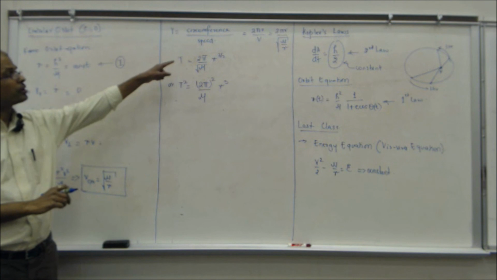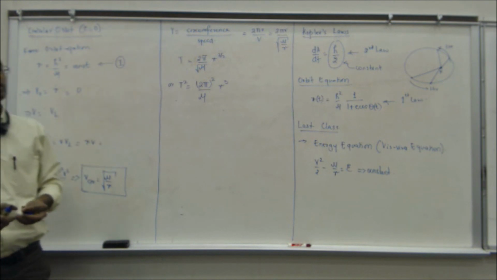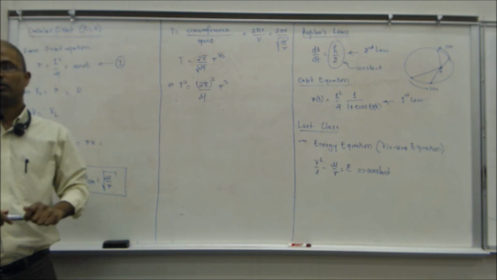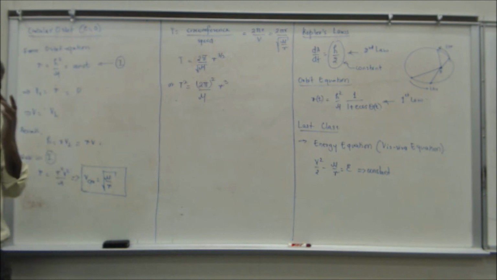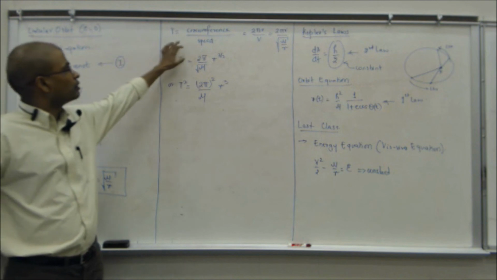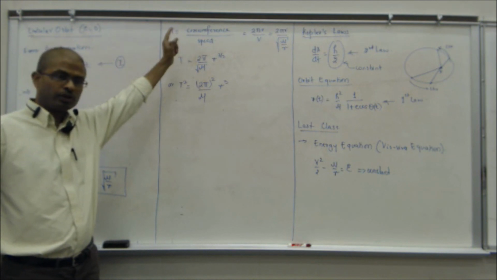Just pay attention to this one a little bit. So circumference into speed. What is circumference? How do you define the angular speed? See, this is V circular, right? Speed into time is circumference. Do you agree with that?